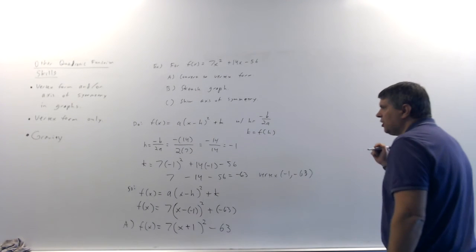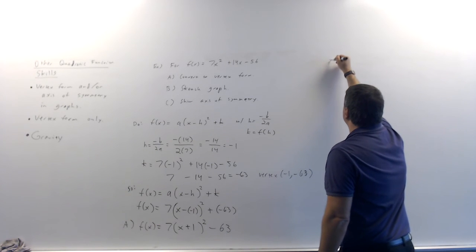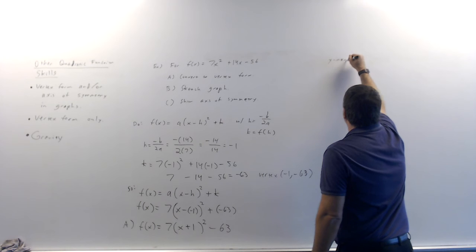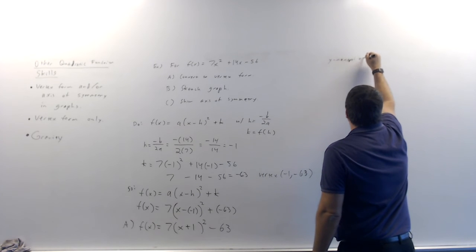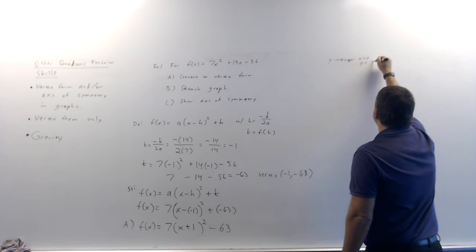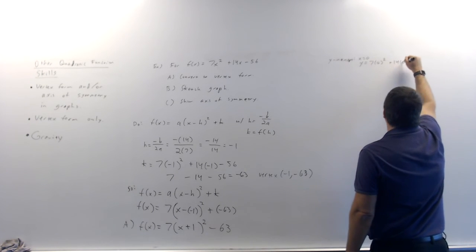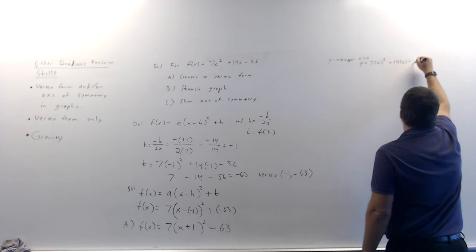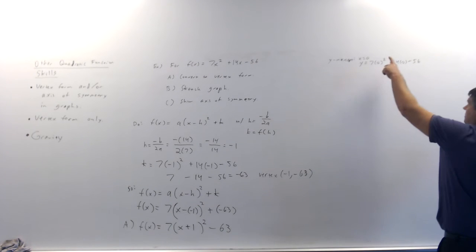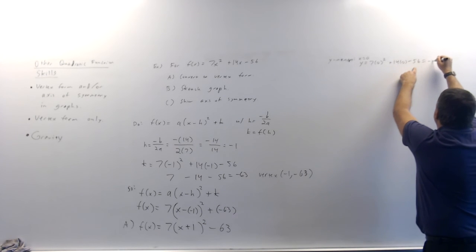Next, I need to do the rest of the graph. Y-intercept: x equals 0, y equals 7 times 0 squared plus 14 times 0 minus 56. 0 plus 0 minus 56 is negative 56.